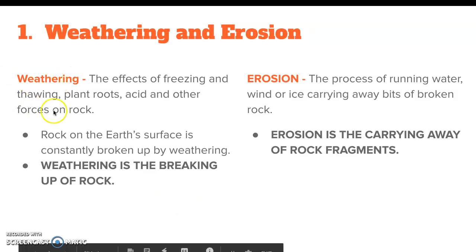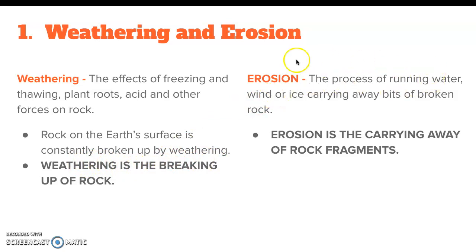Weathering again, as a result of the freezing and thawing of water, plant roots, acid, and other forces, you have little bits and pieces of rock that break off of the larger chunks of rock they once were part of. This is weathering. So weathering is the breaking up of rock. Erosion is the carrying away of these broken little pieces of rock.